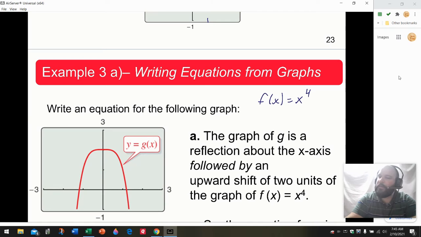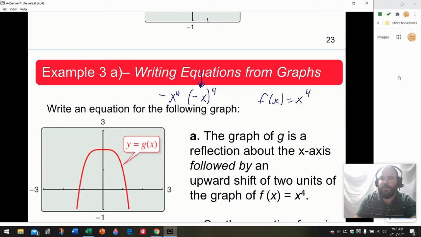We need to figure out whether that -1 should be inside or outside of the x to the fourth, meaning should it be negative x to the fourth or negative x, the quantity, to the fourth? If you did take that negative to the fourth power, it wouldn't change the function.